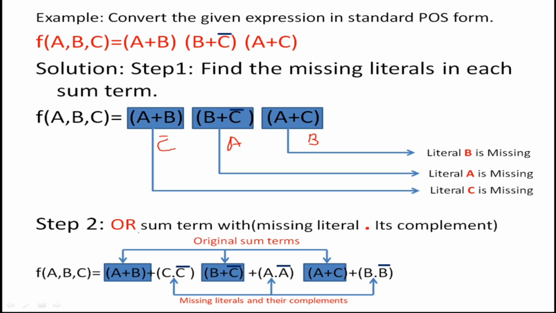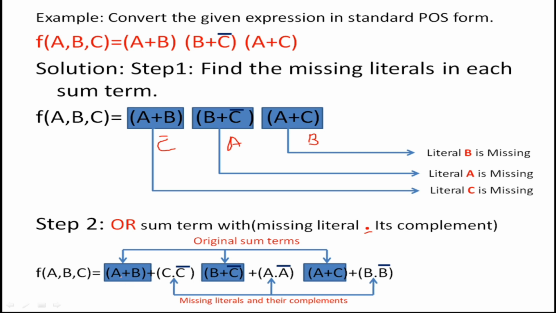Then step 2 talks about ORing the sum term with the missing literal and its complement. So we are going to OR the sum terms with the missing literals along with their complements.